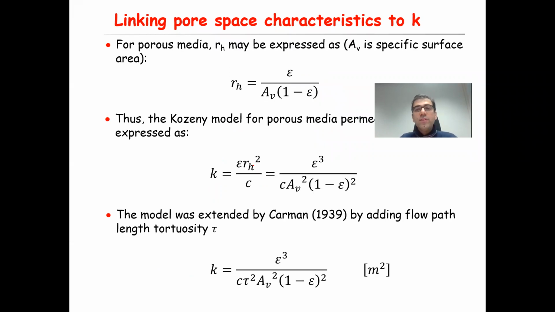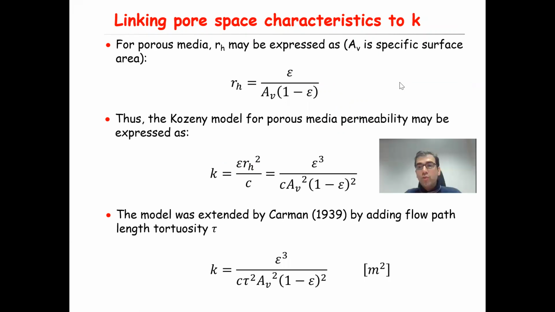And in terms of the definition of RH, the hydraulic radius, for porous media there is an equation that can be used to calculate RH, that is equal to epsilon divided by AV, the specific surface area, times 1 minus epsilon, okay, 1 minus porosity.